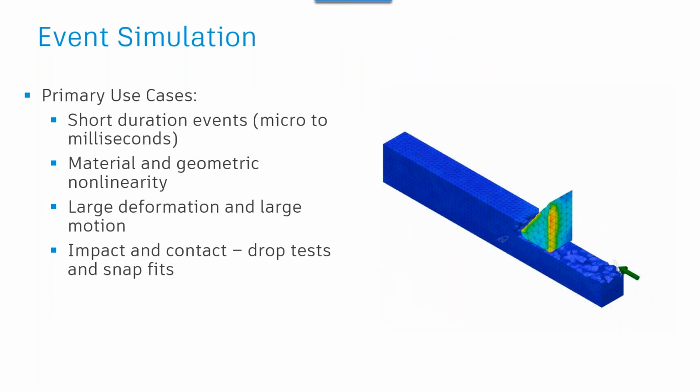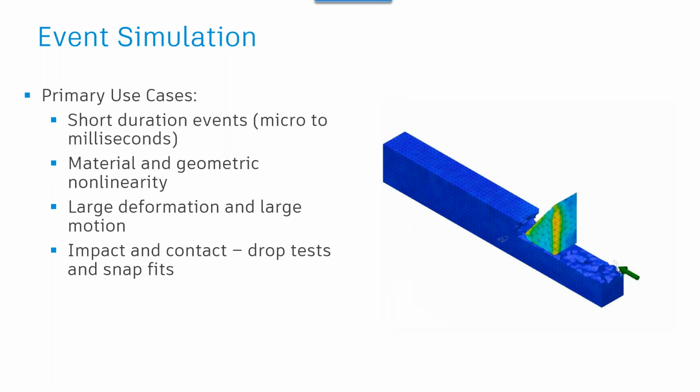Now, what we are working on currently in Fusion 360, just like Inventor Nastran, is explicit dynamics inside of Fusion 360. We call it event simulation in Fusion 360. It's basically used to run short duration events, also with materials that have highly nonlinear behavior.